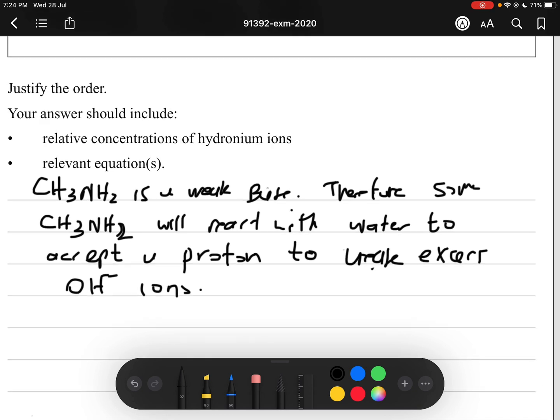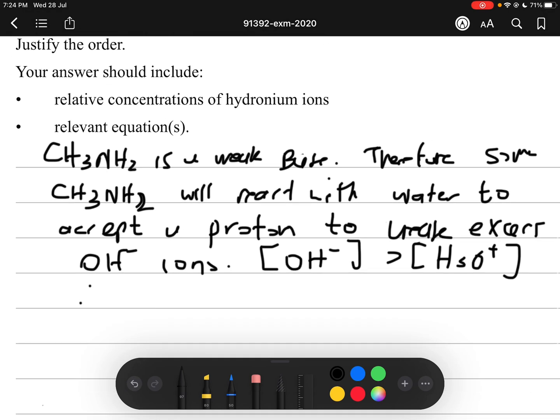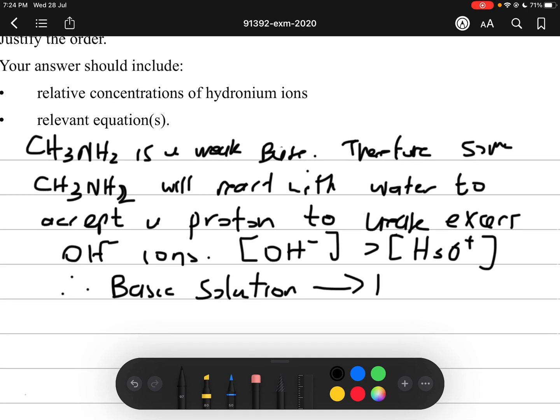So for this solution, we can say that the OH minus concentration is going to be greater than that of hydronium. Hence, this is a basic solution that will have the highest pH. So therefore, this has the highest pH.